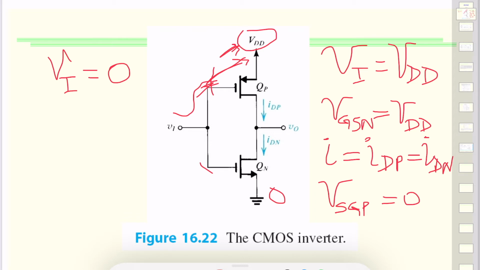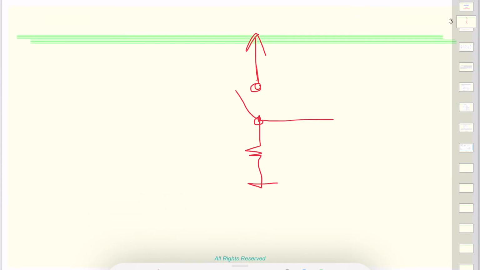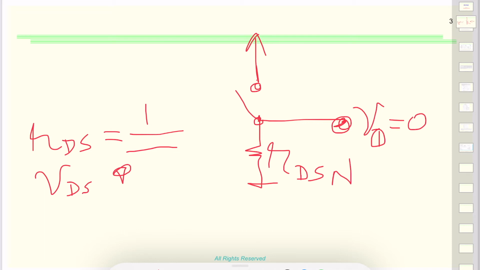What's going to happen in this situation? I can write an equivalent circuit where we show that on the PMOS there is an open circuit, and we always have a small resistance, and that resistance is the same that we calculated before, which is RDS, 1 over a whole factor, for the VDS small case.